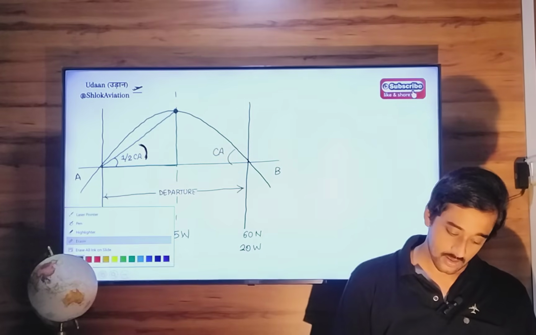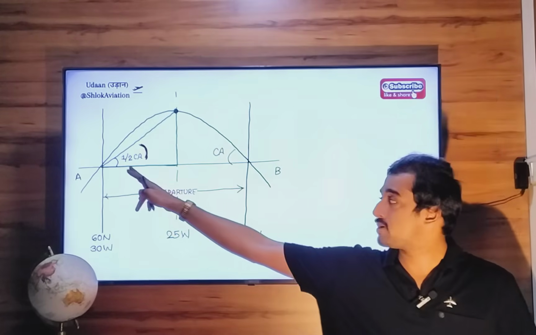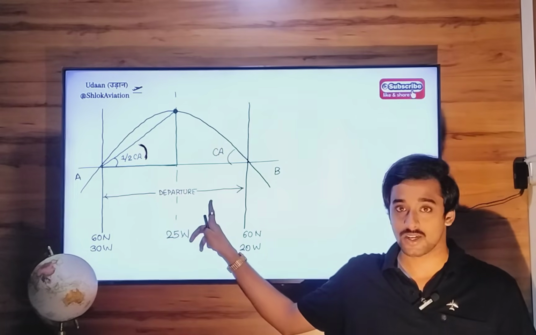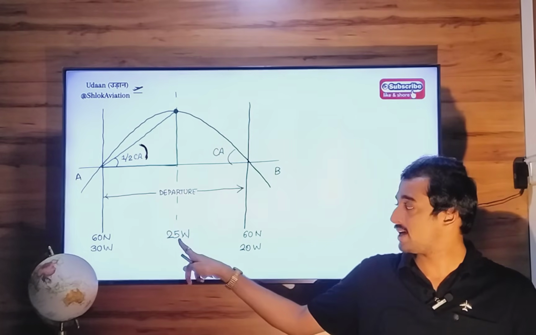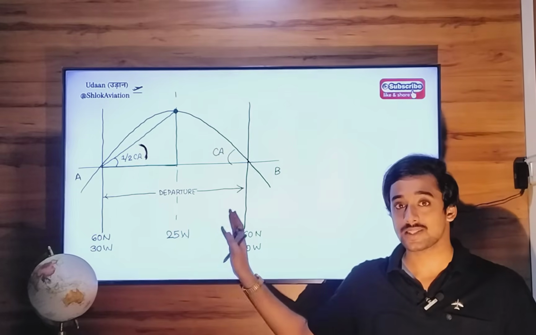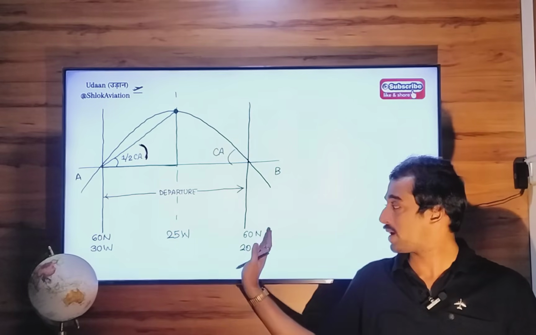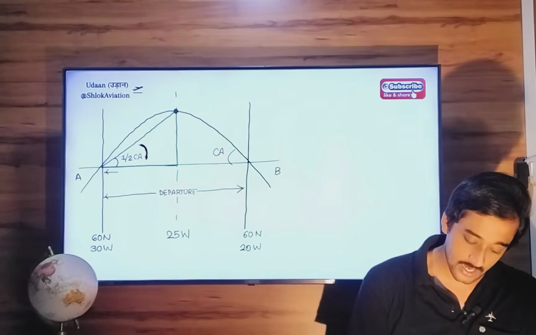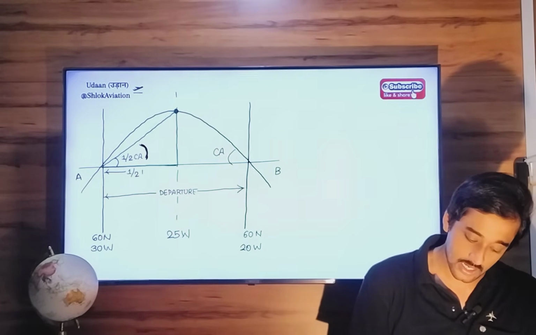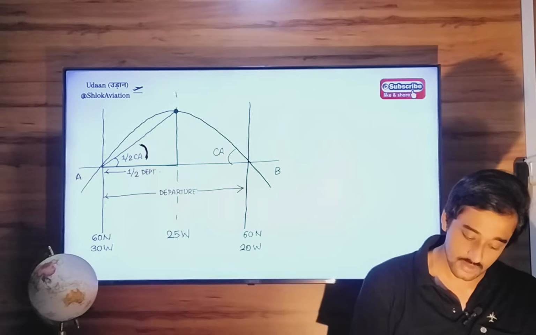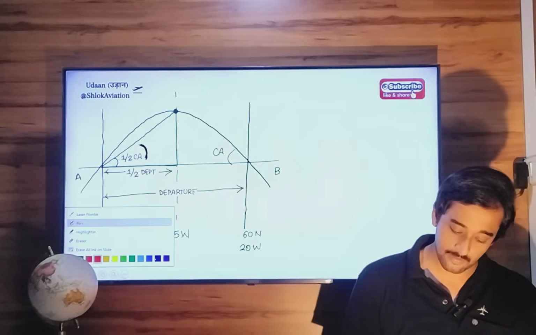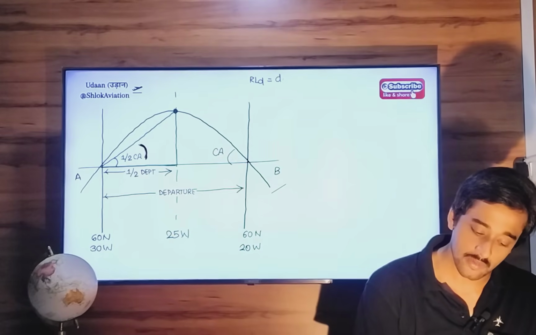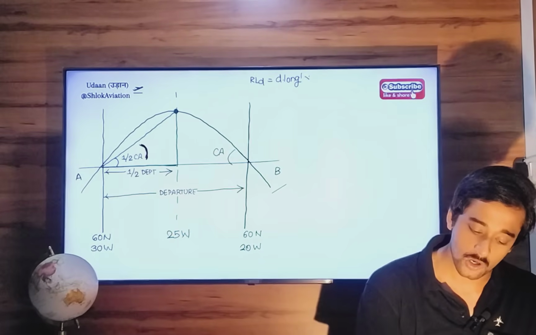Next, what will be the measurement of this side of the triangle? It will be half of departure. Why half? Because 25 degrees west is in the center position from 20 degrees west as well as from 30 west. So this side of the triangle will be equal to half of departure. Now step 1, calculate departure, which is your rhumb line distance: d long in minutes into cos of latitude.